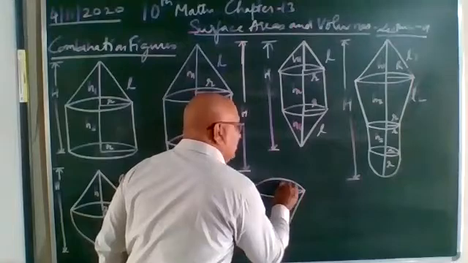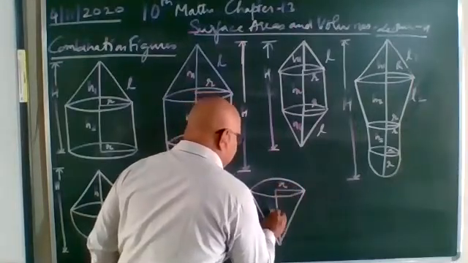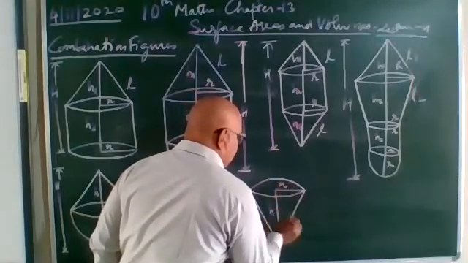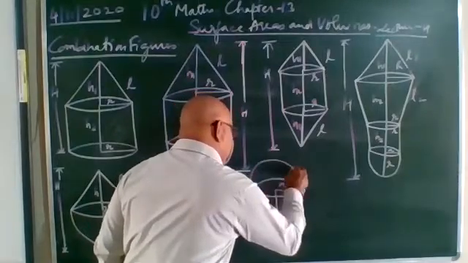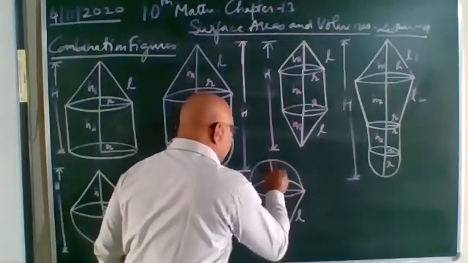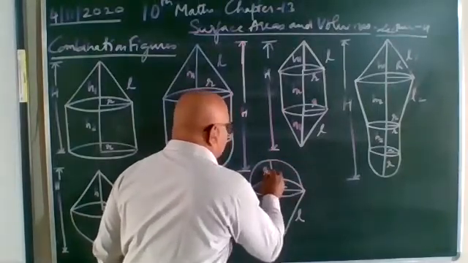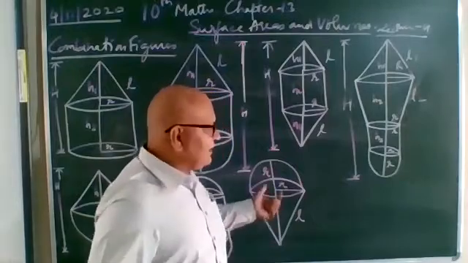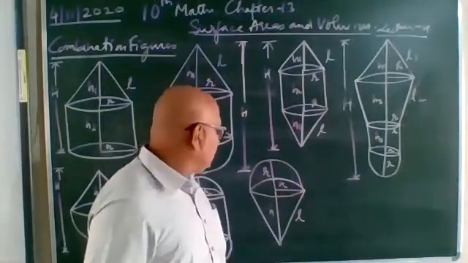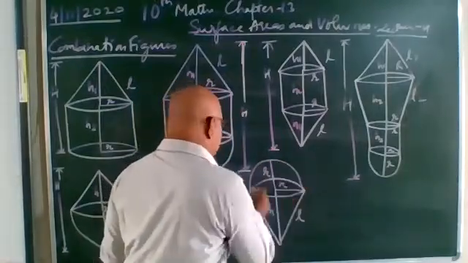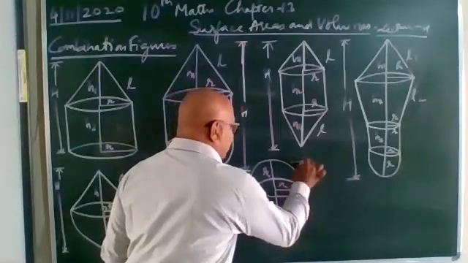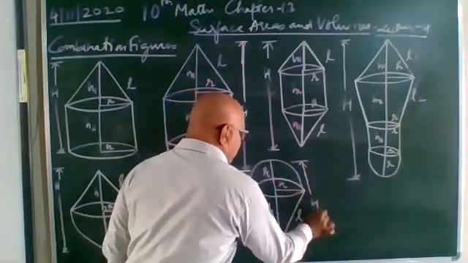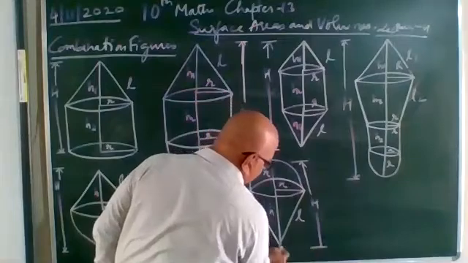This is the radius, this is H, this is L. Now a hemispherical part: a softie, ice cream is distributed in a cone with a hemispherical top. So this type of figures you will get. Again the same thing, capital H will be the same.